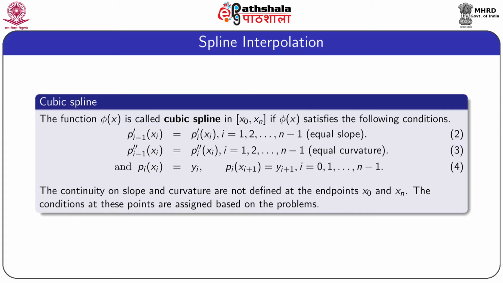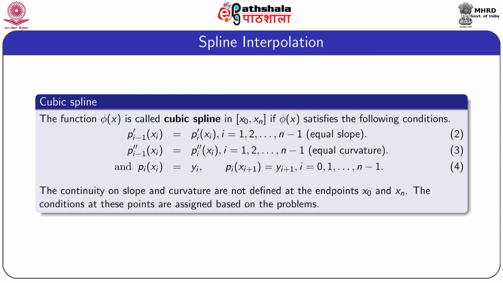The second condition is that the second derivative of the polynomial p_{i-1} and the second derivative of the polynomial p_i at the point x equal to x_i are also equal, and this is true for i equal to 1 to n minus 1.